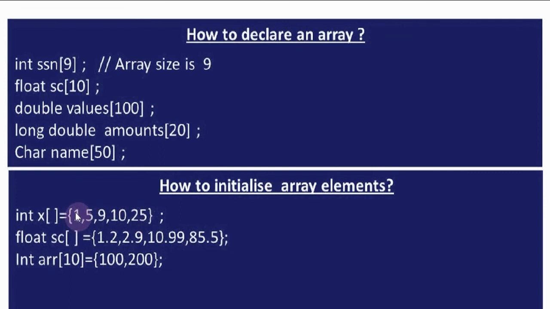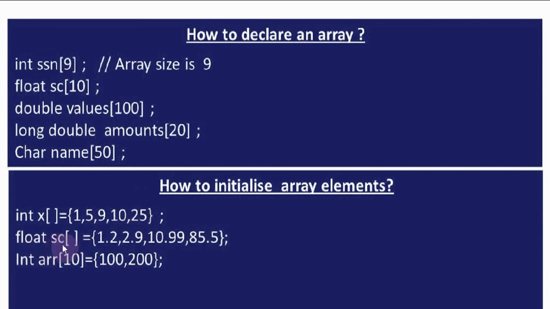It clearly indicates that the first element, which is x[0], will have the value 1. The name of the array is x. The second element, x[1], will have the value 5, x[2] 9, x[3] 10, x[4] 25.